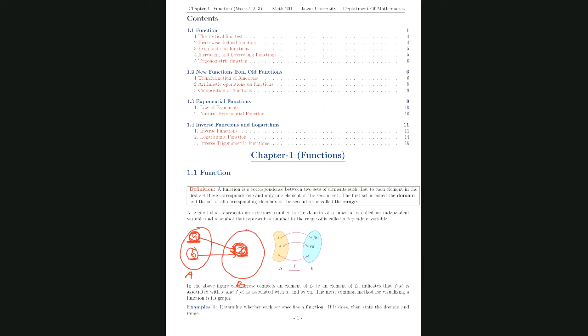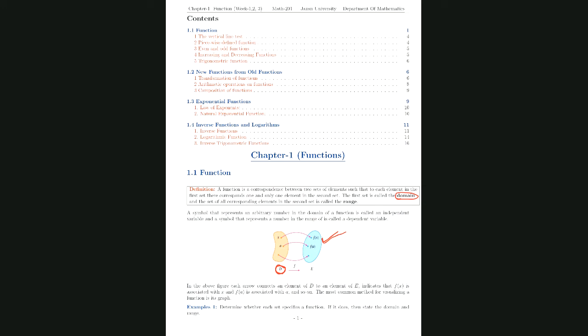Okay. Now come to this D here. The input set D is called the domain. Okay. And here all the output.